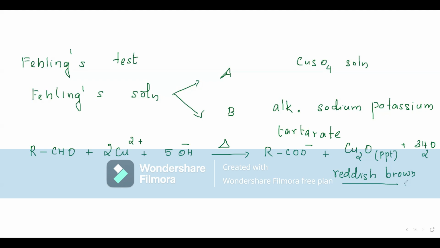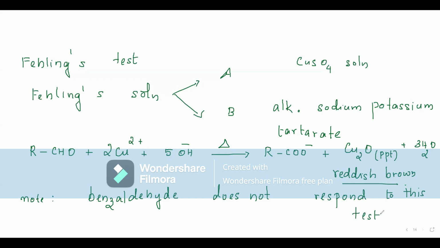So your observation is: aldehydes, when treated with Fehling's A followed by Fehling's B and heated, give a reddish brown precipitate. Now, this is a very important test because aromatic aldehydes, and as per our syllabus the only aromatic aldehyde we have is benzaldehyde, do not respond to this test.